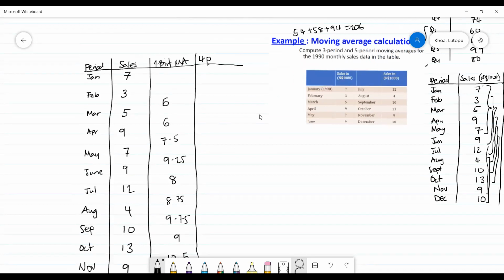This is the 4-point moving average, and then this is what we call centered. So it's centered because we want each of these values to be assigned to a specific month, and then that will be easy for us to plot them. So we add 2 of them at a time. So 6 plus 6 divided by 2, this is 6.